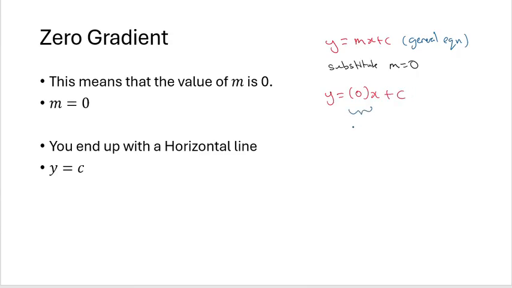This just means 0 times x, and you actually end up with 0 plus c, because anything multiplied by 0 is just 0. And 0 plus c equals c. So that's why this equation here, y equals c, is what we use to represent the equation of a horizontal line, and the gradient is 0. Okay?